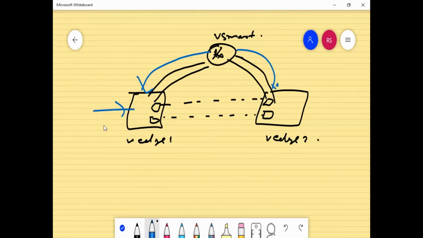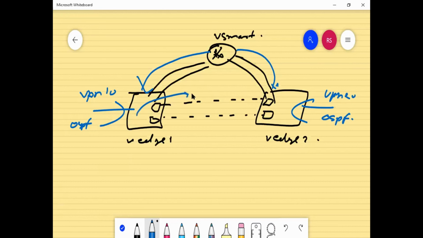If you are running some kind of VPN over here, maybe VPN 10, VPN 20, and OSPF over there, or maybe OSPF over here, even though you are running OSPF, your routes will be redistributed into OMP, and in turn OMP will redistribute them into the OSPF domain again. So if these VPNs are the same, VPN 10 and VPN 10, by default your routes will be segregated between each other. You need not bother about anything.